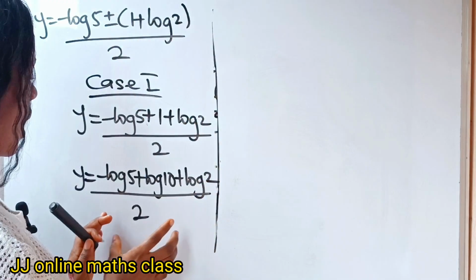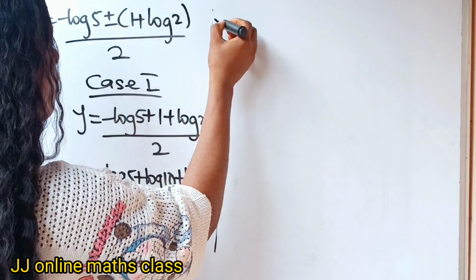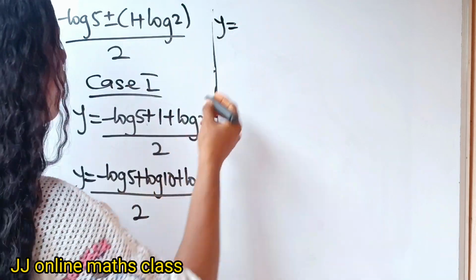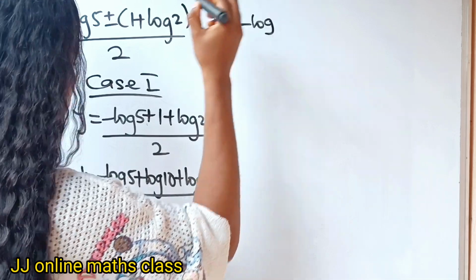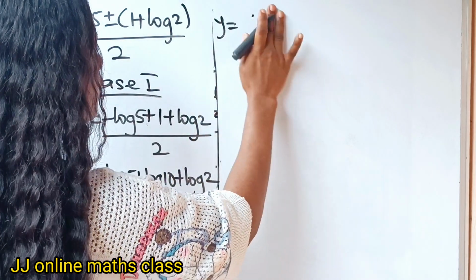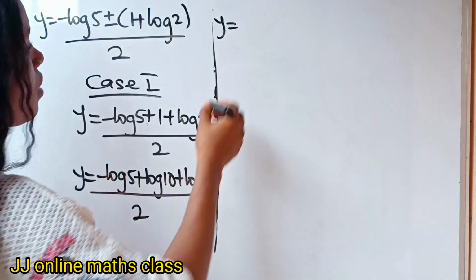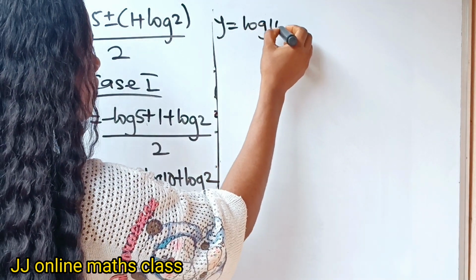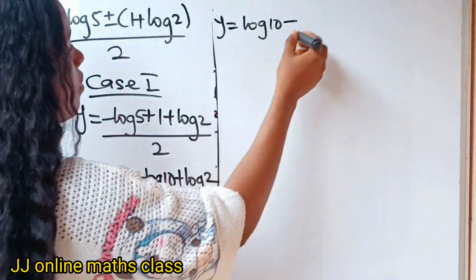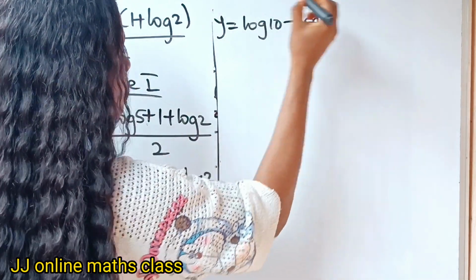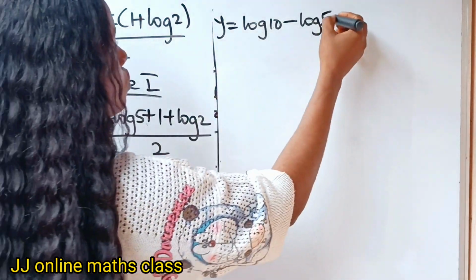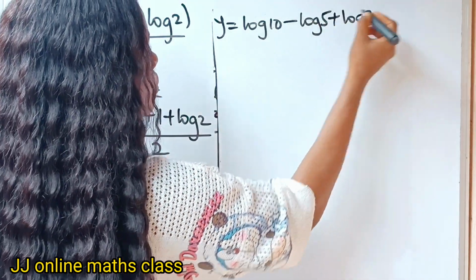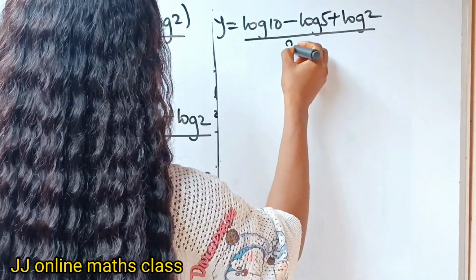Now if you look closely at this place, notice that we can rewrite this as y is equal to, let's first of all write plus, log 10 minus log 5, plus log 2, everything divided by 2.